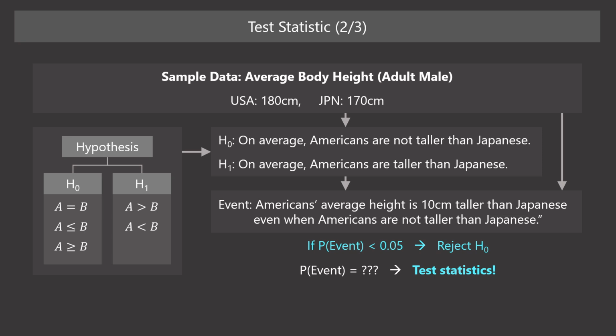However, in this example, we have data of average height, but no information about probabilities. In such a case, we need to transform the data to probability distribution. This is where a test statistic comes in.